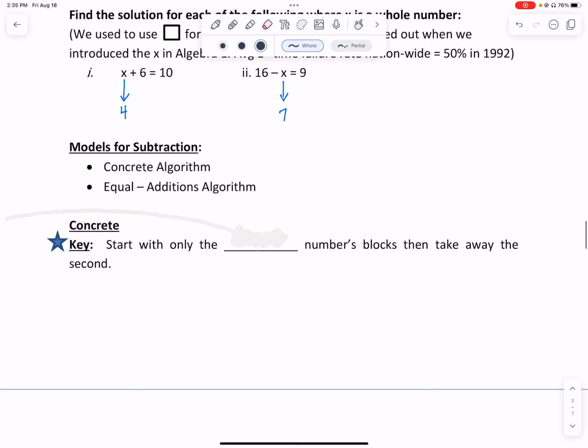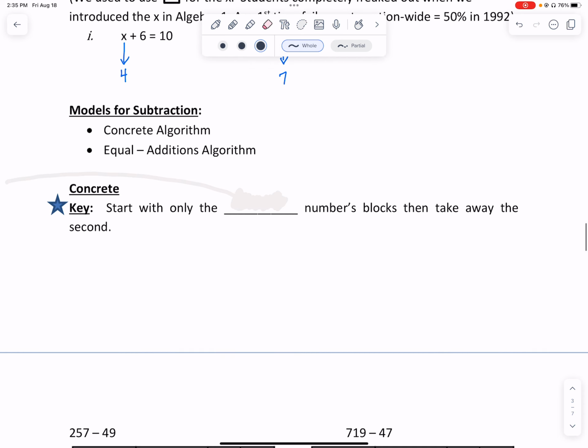Okay, let's model subtraction. So we're going to use concrete methods. Of course, concrete meaning base 10 blocks and that kind of stuff. And then we're going to do equal additions, so an equal additions algorithm. The main thing to note is that when you start teaching with subtraction, most students are used to addition.